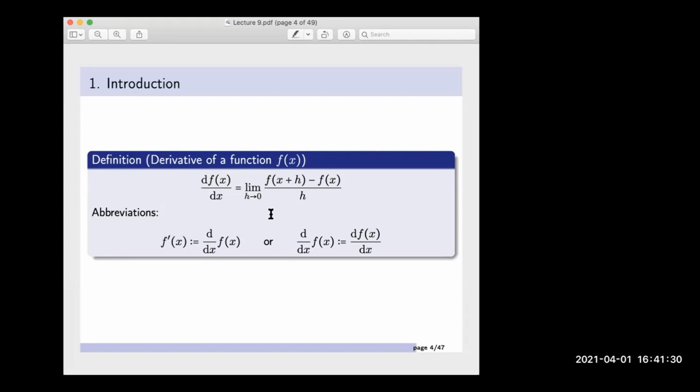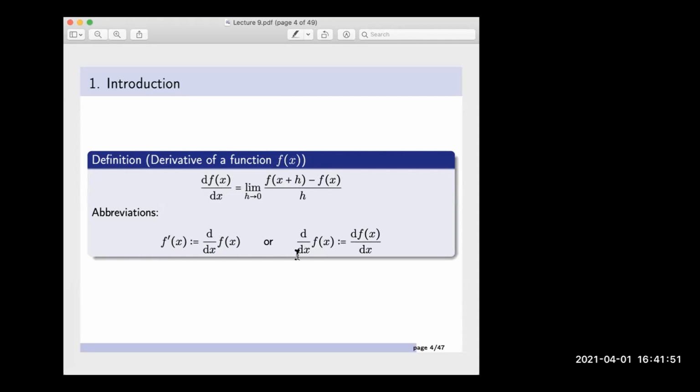There are many different notations for derivative. You can use the prime, f prime, which denotes the derivative of a function. Or you can simply use d over dx, putting this operation on f, representing that you take the derivative of f.